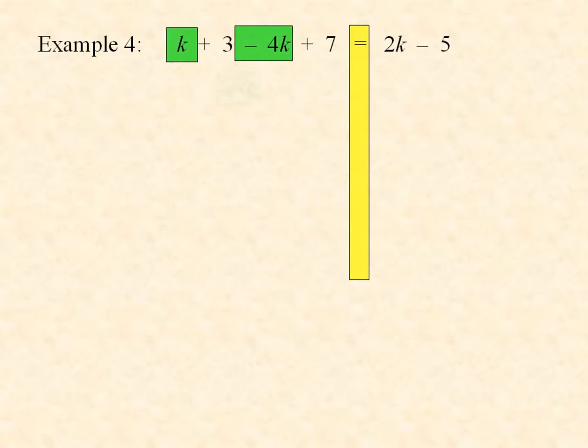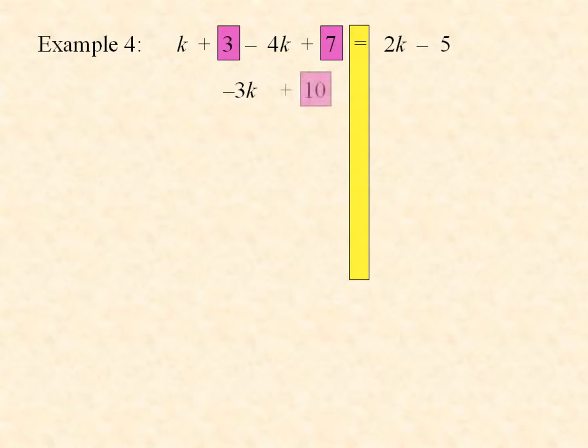The k and negative 4k add to negative 3k. And the 3 and the 7 add to 10. So the left side becomes negative 3k plus 10 after we simplify it. And the right side, as I said, cannot be simplified, so we write it over again.